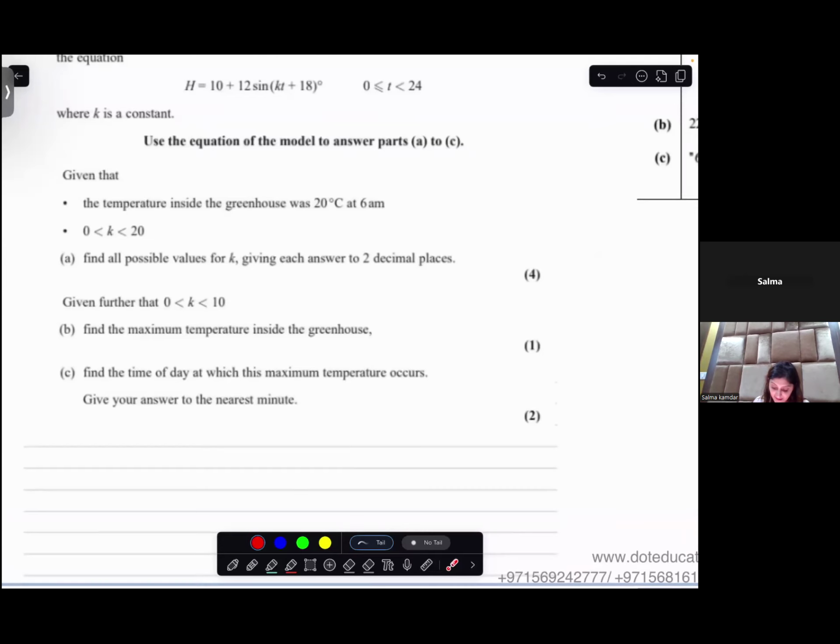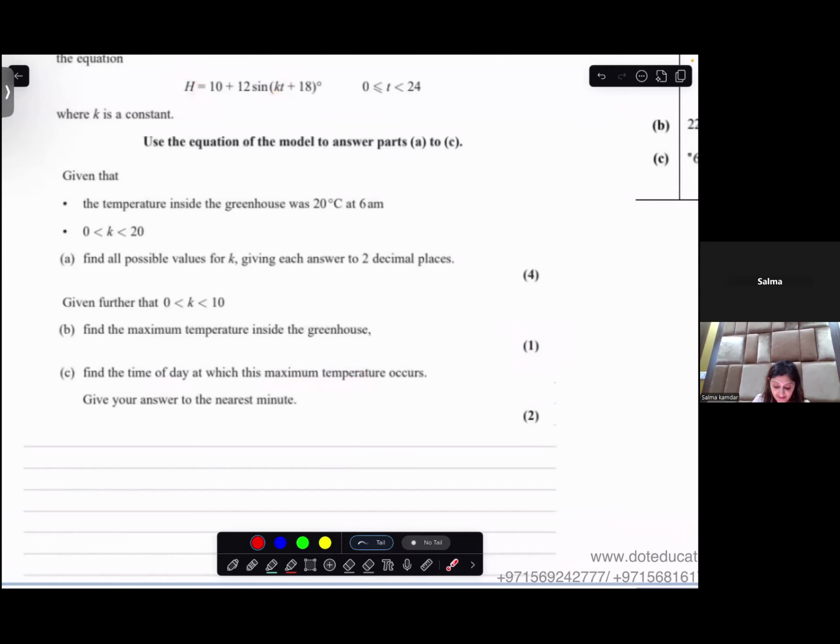Now my C part, this is for 1 mark. So just keep in mind that it would not be very big. My C part: find the time of the day when this temperature occurs. So I want to find this t, when this temperature occurs, the temperature is 22. I have found my two values of k.